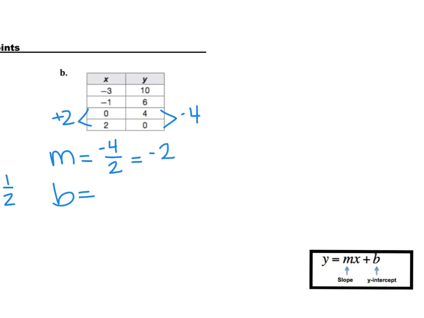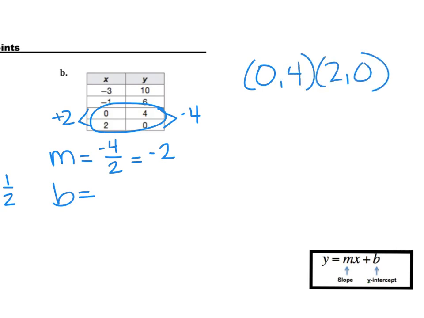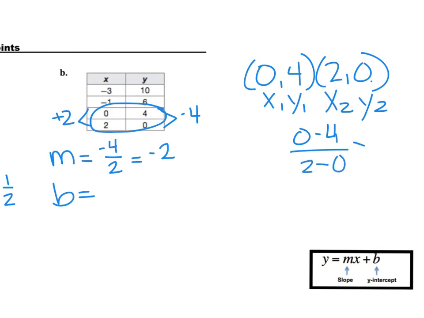Or if it's easier for you, and I picked these 2 points just because I have positives, I think it's just easier, you could have taken those 2 points out, x1, y1, x2, y2. So I'm taking 0 minus 4, 2 minus 0, and you get the same answer.